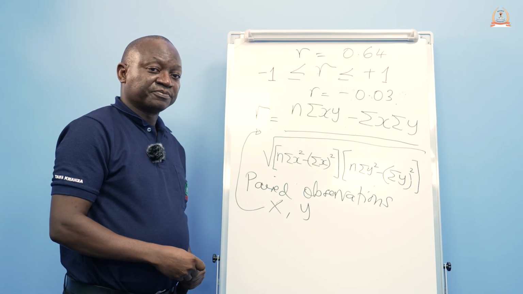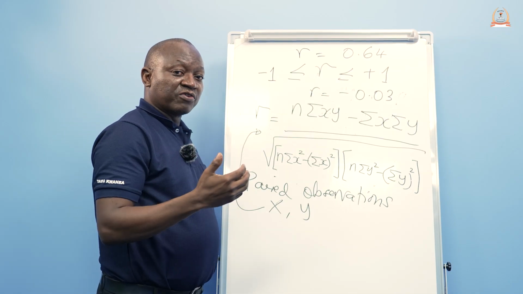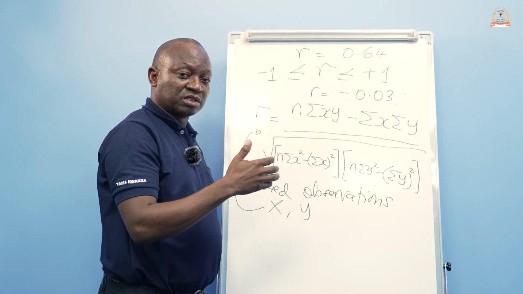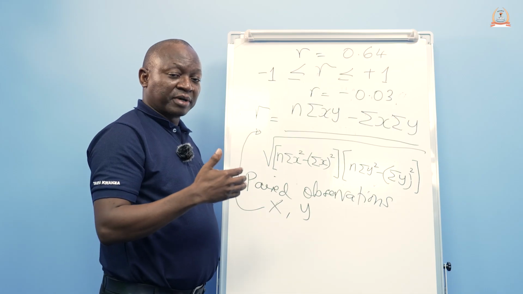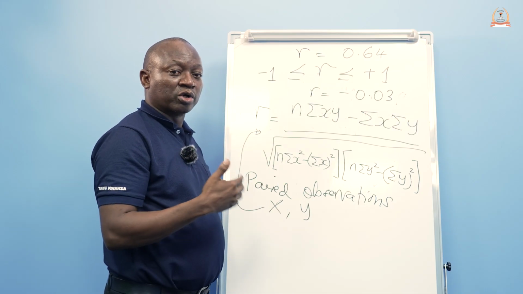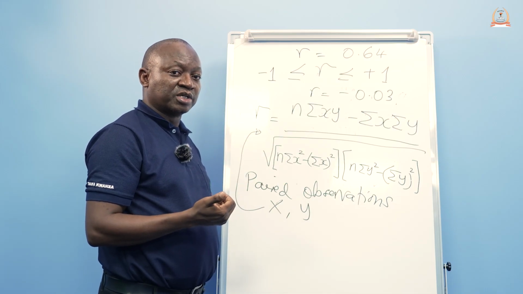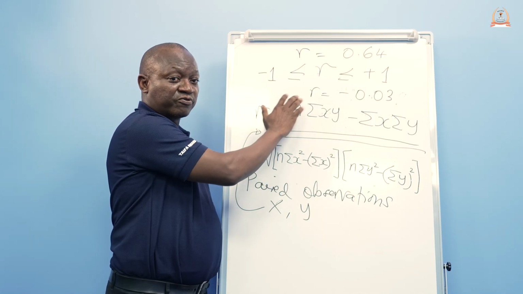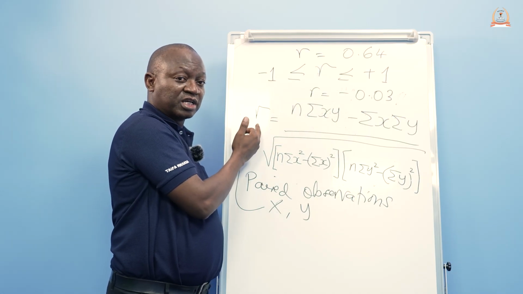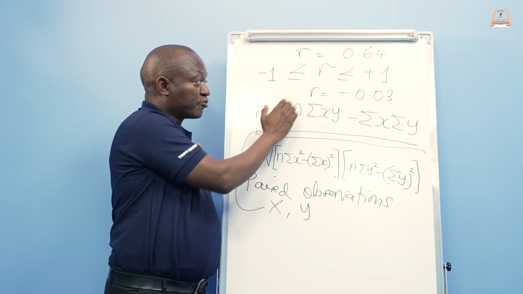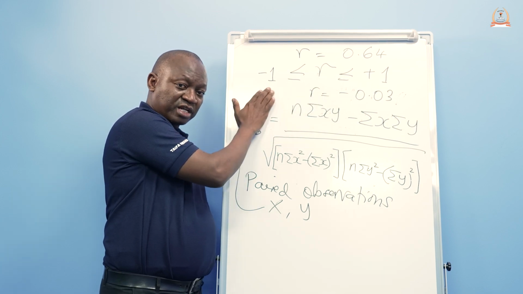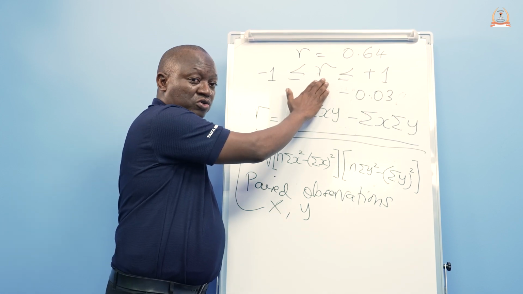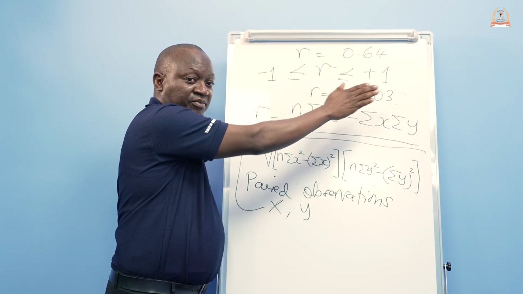So we are saying we can have a very strong, perhaps weak or moderate relationship, depending on the size of this correlation coefficient and how it departs from 0 towards -1 or from 0 towards +1.